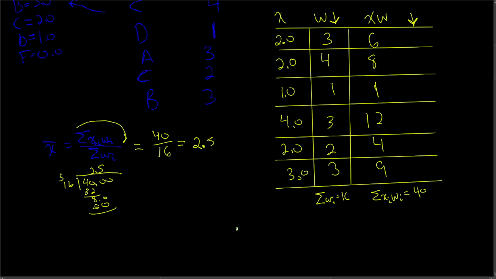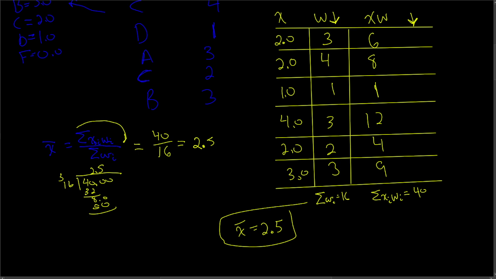And so the average grade point for a student with this grade record, using the weights, using the fact that a lower credit course doesn't affect the score as much as a higher credit hour course would. And so this is how we do weighted averages.